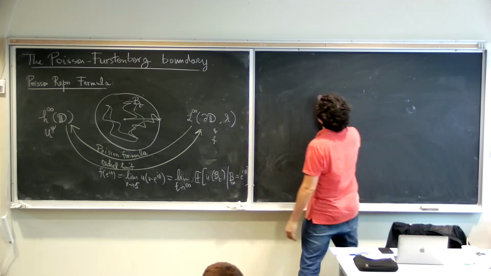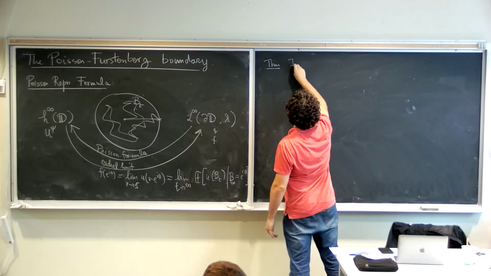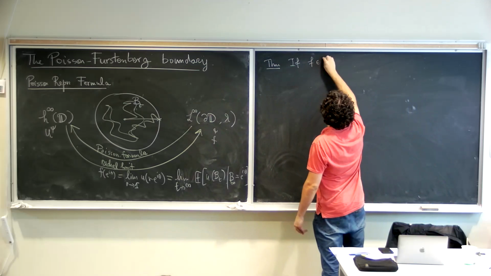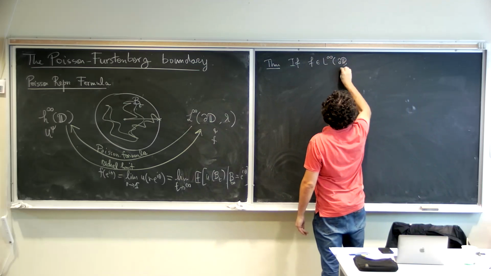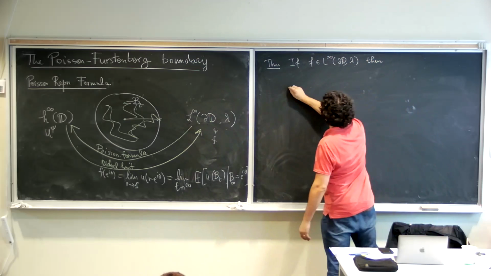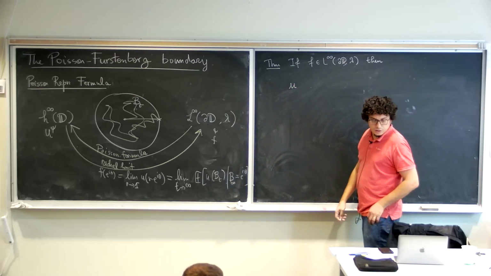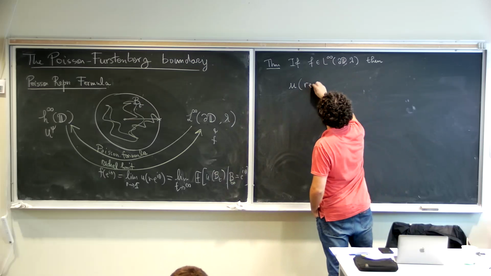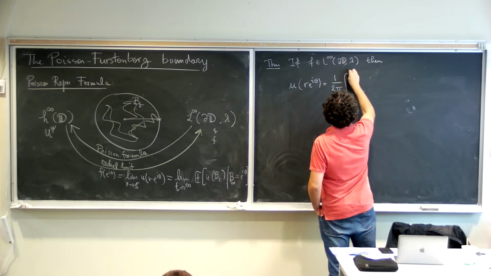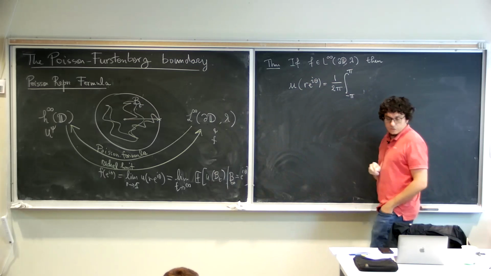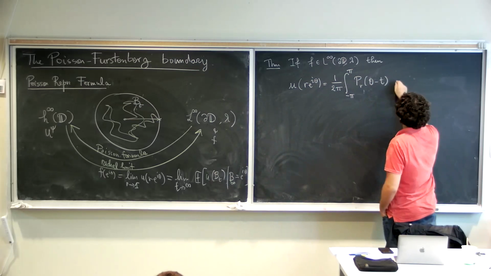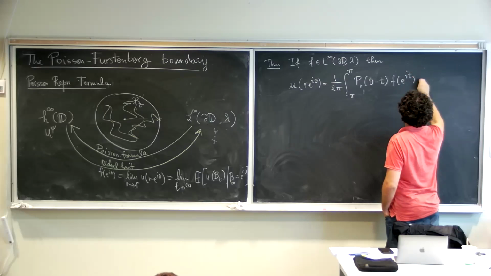The Poisson representation formula is the following. If f is a bounded function on the boundary of the disk, then you define u of r e to the i theta as 1 over 2 pi, the integral from minus pi to pi, of the convolution P_r of theta minus t times f of e to the i t dt.